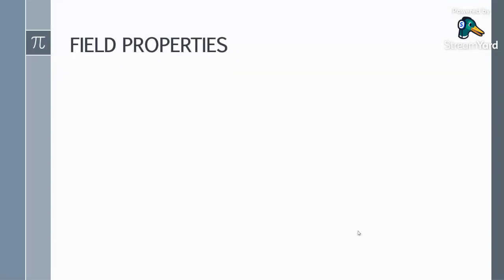So let's proceed to another property, and this is the additive inverse property.